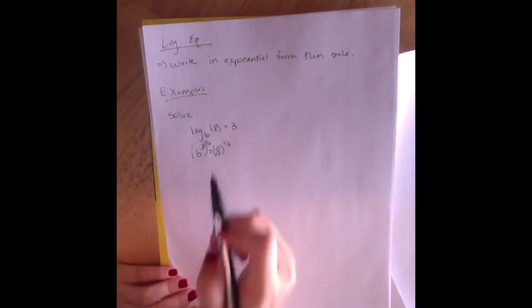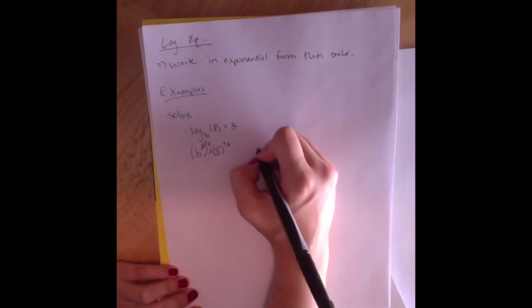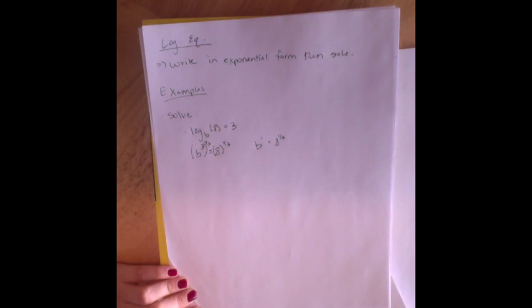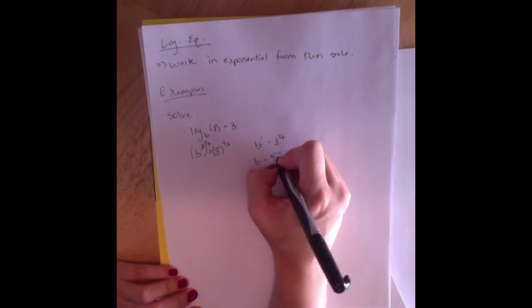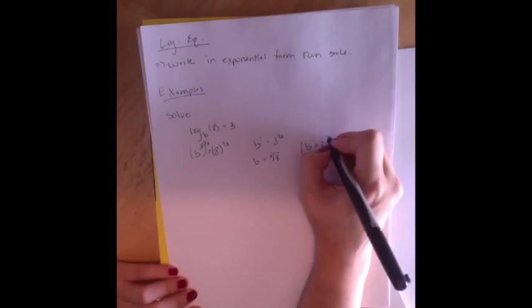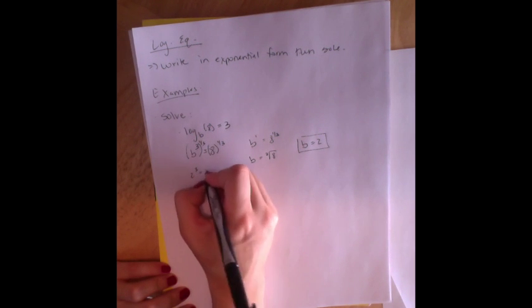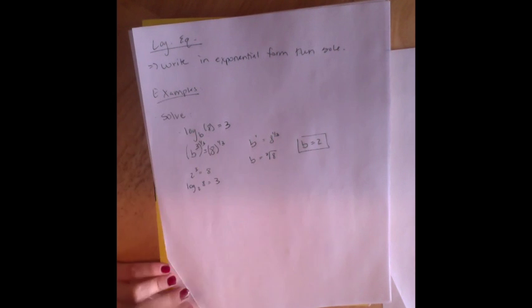The reason we do that is because if you have a power raised to a power, you multiply them. 3 times 1/3 gives me 1, so I have b to the 1 equals 8 to the 1/3. Well, that's the same thing as saying b equals the cube root of 8, which we know is 2. So this is saying 2 cubed is 8, or the log base 2 of 8 is 3.